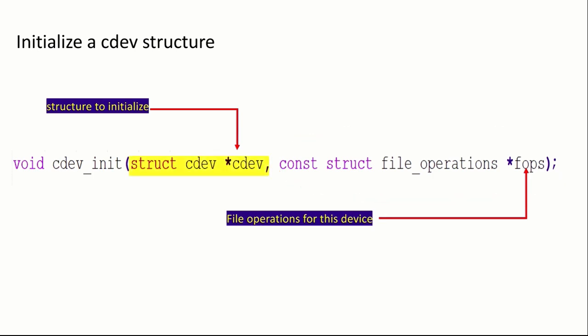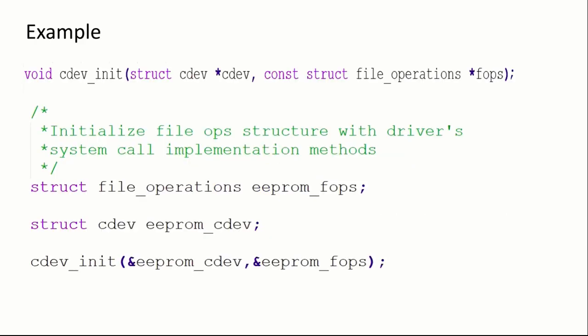This is a cdev structure. Here you have to pass a pointer to a cdev structure. Since we are handling only one device, we should create one variable of type struct cdev. Here is an example. You have to create two variables. Let's say xyz_fops, a variable of type struct file_operations.